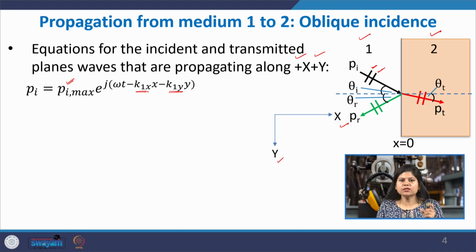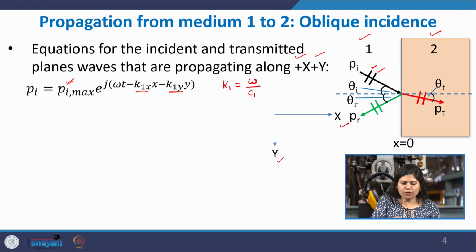It has the magnitude of the wave number, which is omega by c. In our case we have two mediums, so we represent it as omega by c1, because in these interactions omega, the frequency, remains the same. Both f and omega remain the same. It is only the speed of sound that changes from medium to medium.